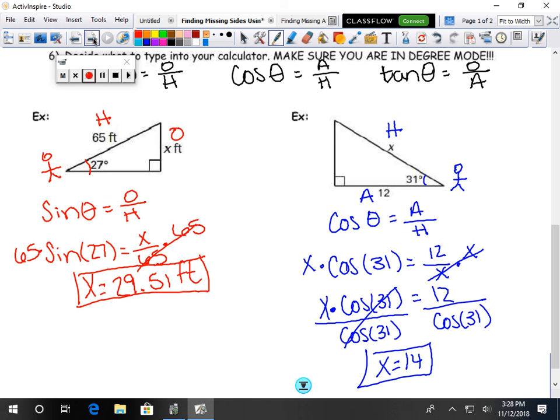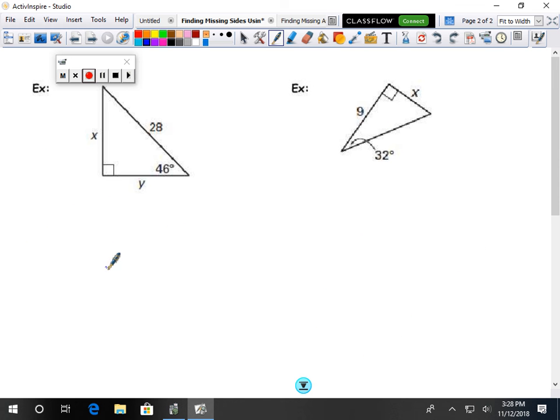Okay, so let's do some more. Looking at this next example here, I have x and y. I'm going to have to solve these as two separate problems, but I'm going to use 46 degrees for both. So I'm going to draw my stick man here at this angle.